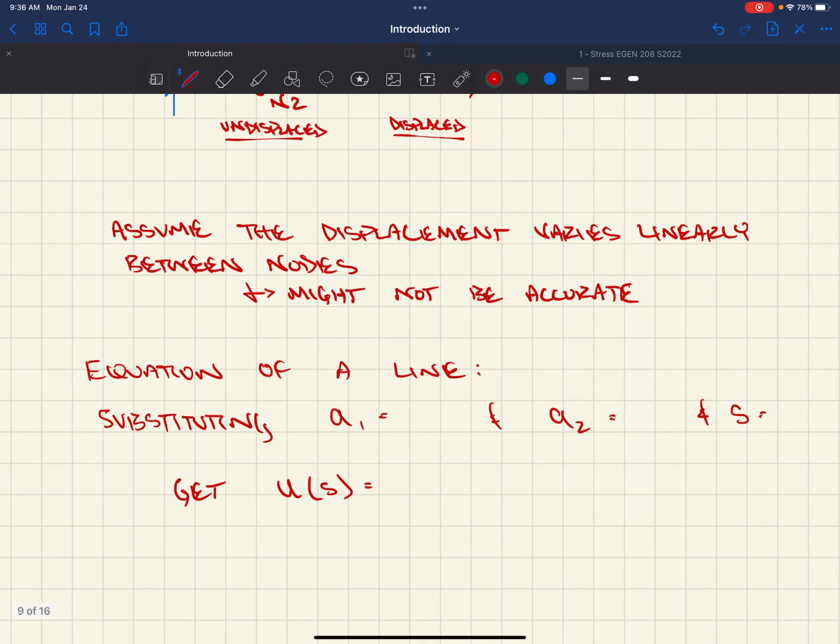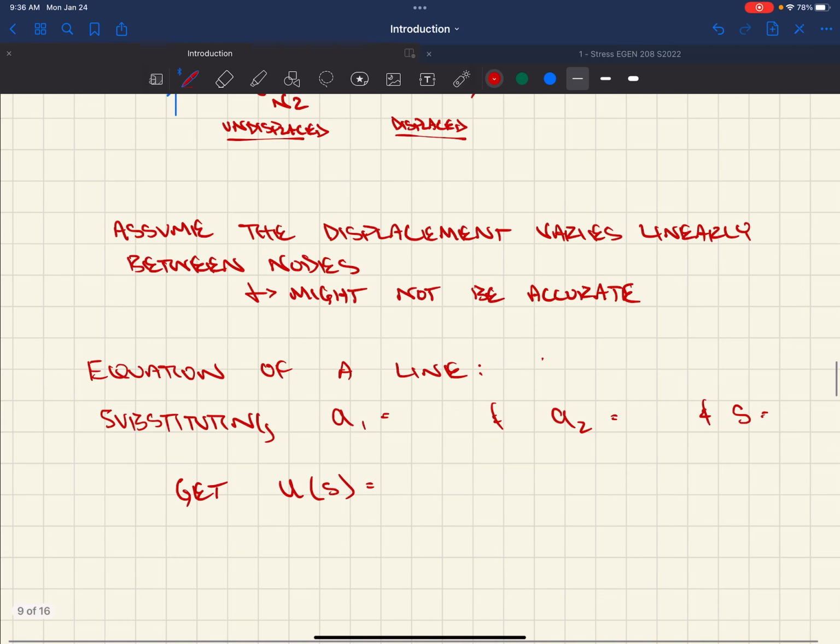So if we have a straight line between our two nodal values, we know that an equation for a line is mx plus b, right? Slope times a variable plus some sort of constant. We've got to start at a point.